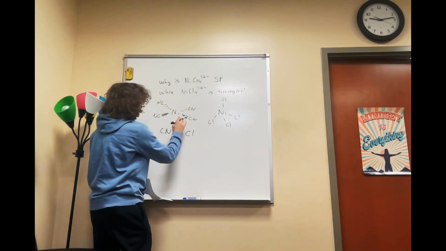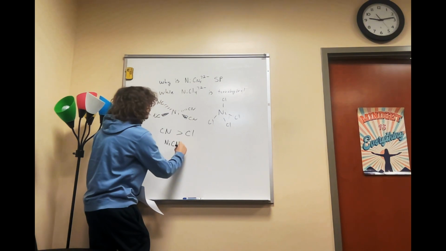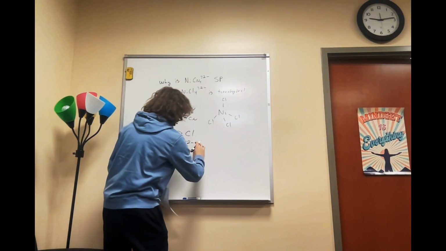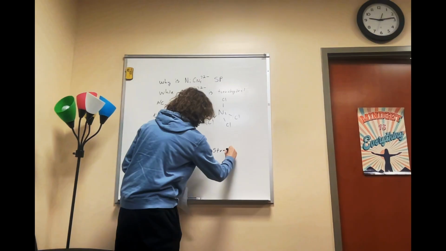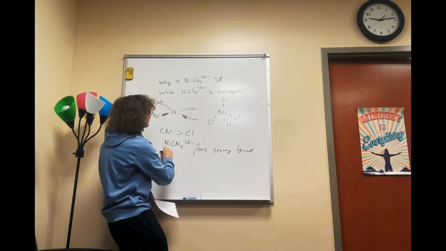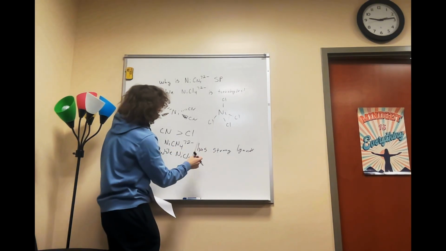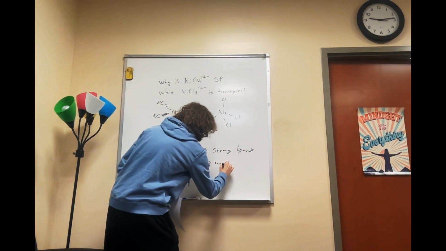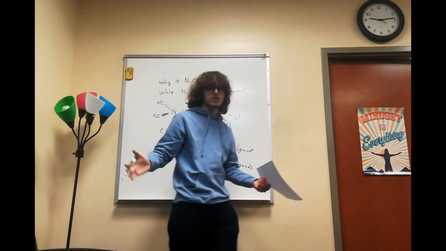So nickel with the 4 cyano groups has strong ligands, while the nickel tetrachloride 2- has weak ligands. And that's all it comes down to, really.